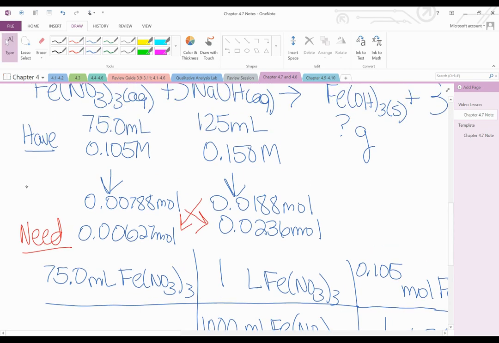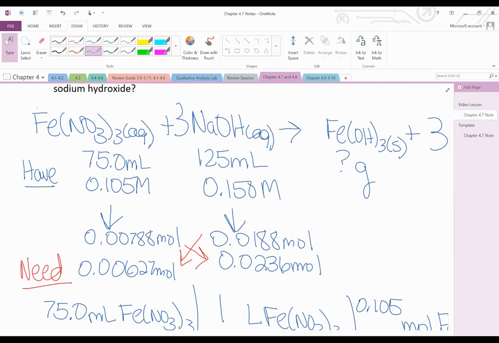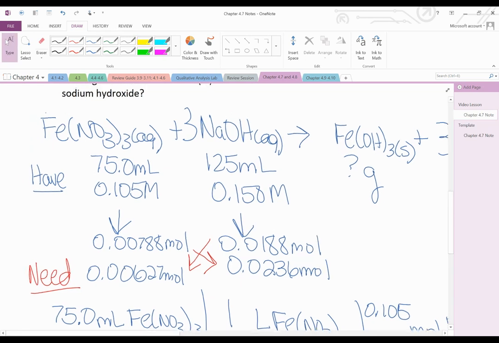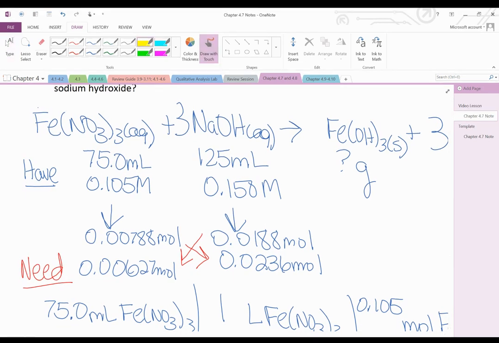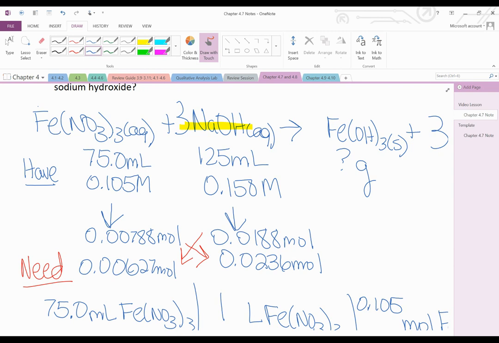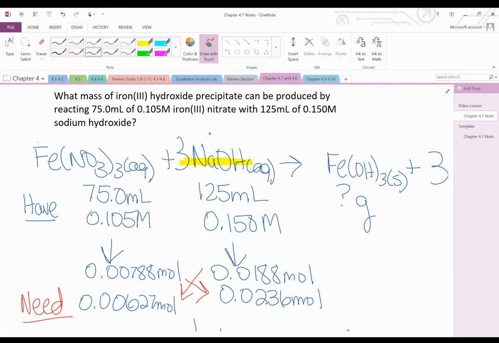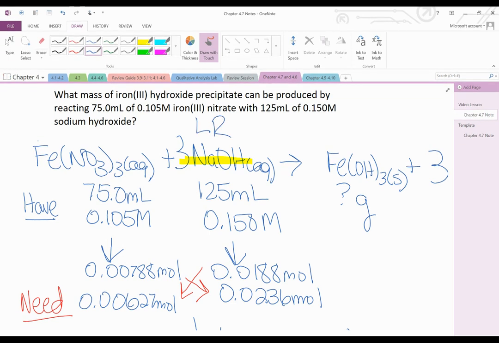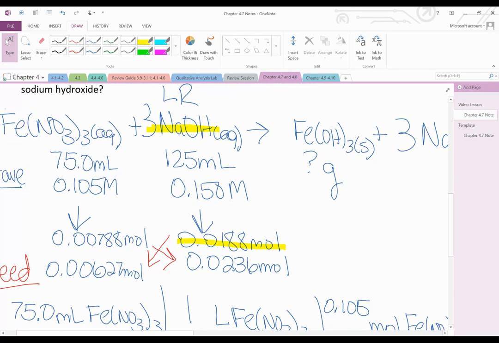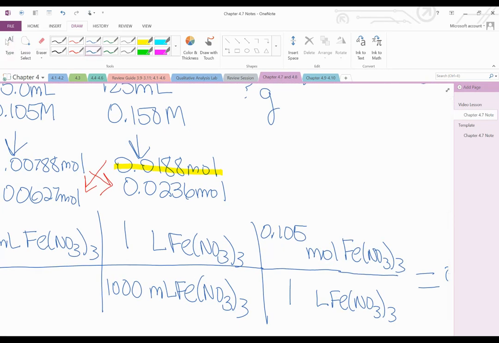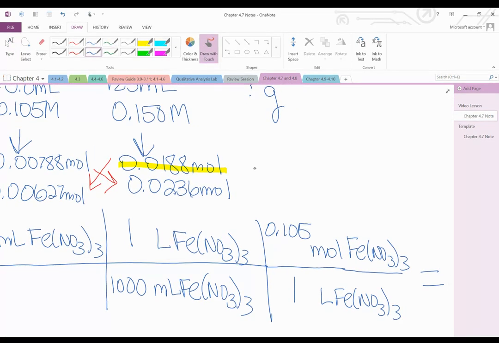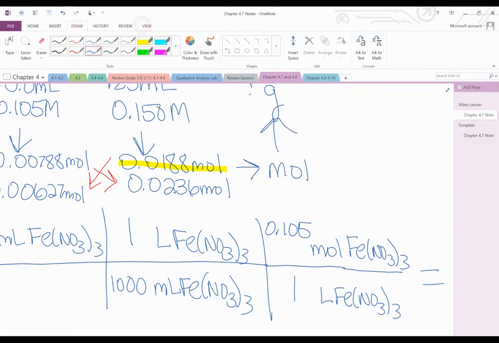And so to figure out how many grams of iron 3 hydroxide, it's based off the limiting reactant. This is limiting. And so I'm going to convert from moles of sodium hydroxide to moles of my precipitant to grams of my precipitant.